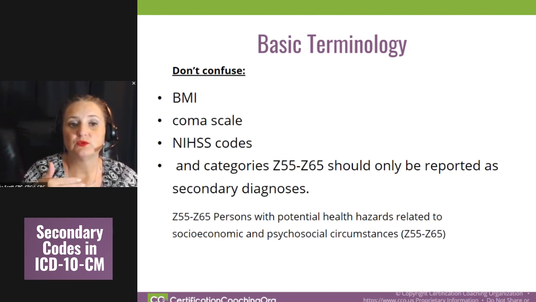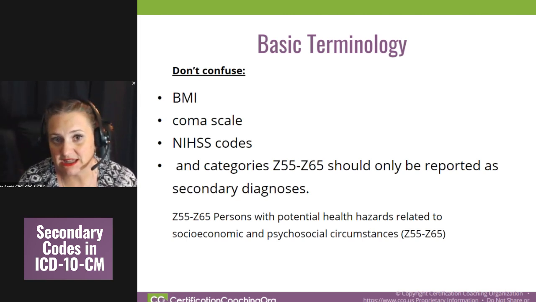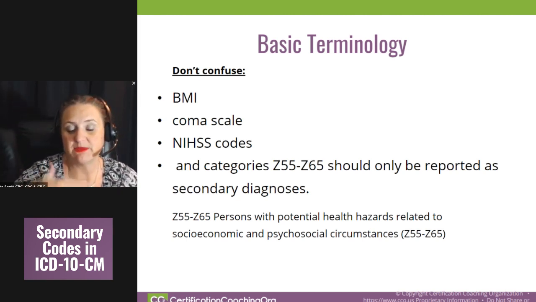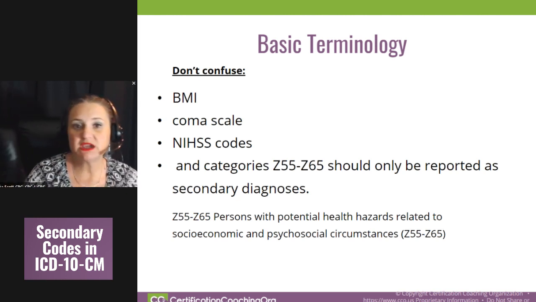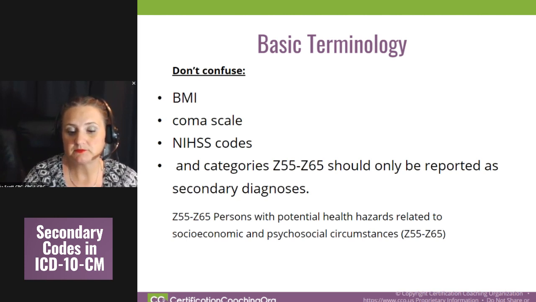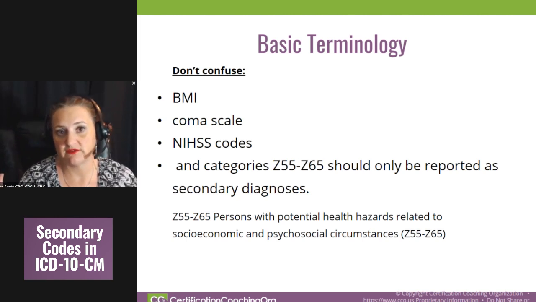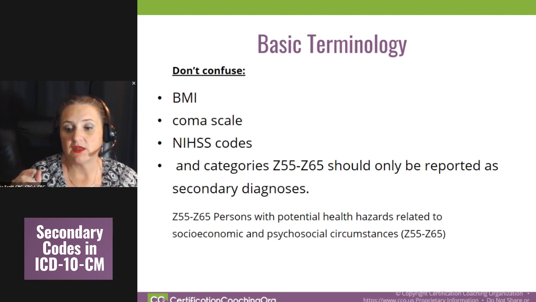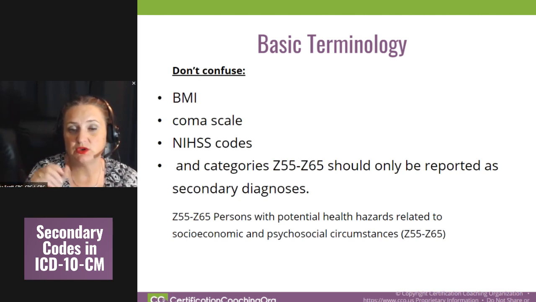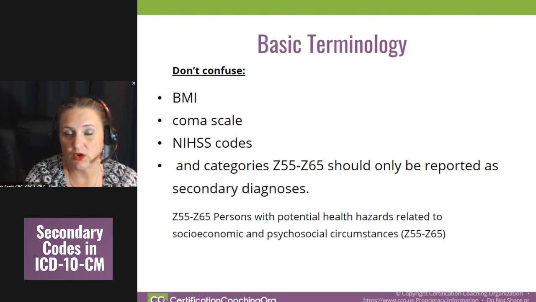And so with a BMI, you cannot code for a BMI unless the doctor states that the patient has obesity or malnutrition, where the BMI is too low. Just because there is a BMI of 45, that doesn't mean that you can code for that BMI.